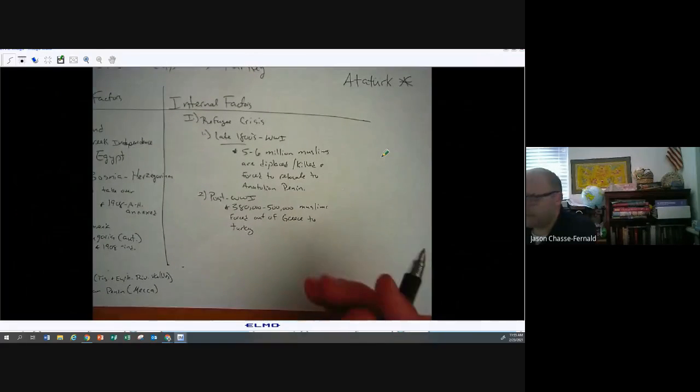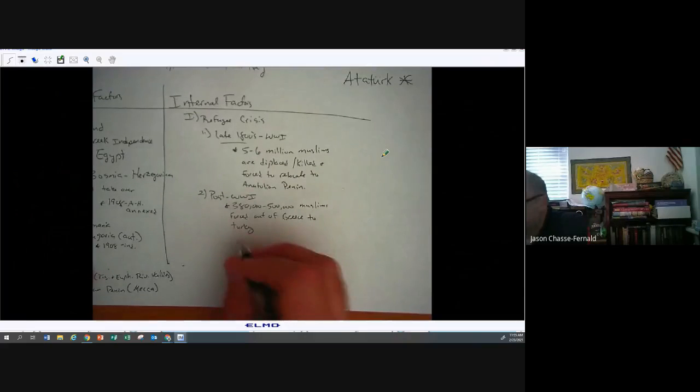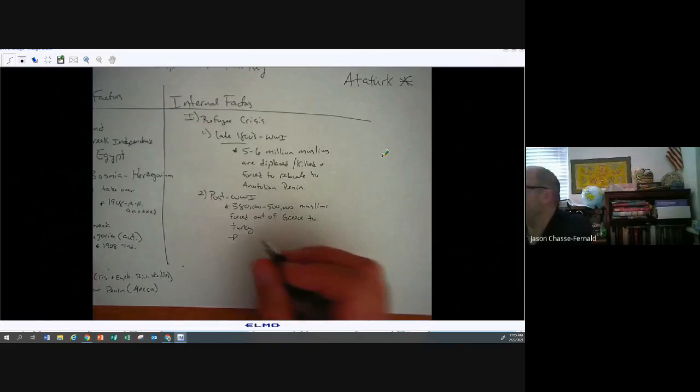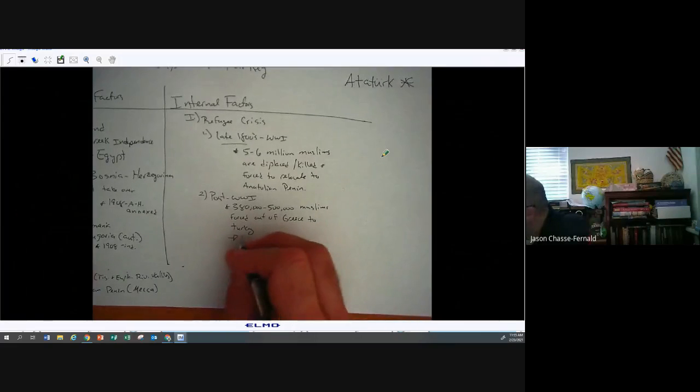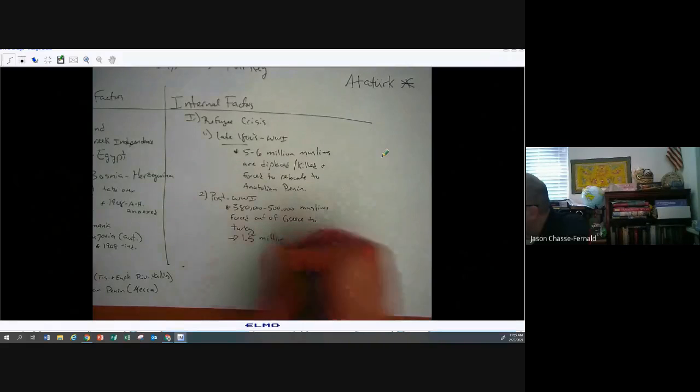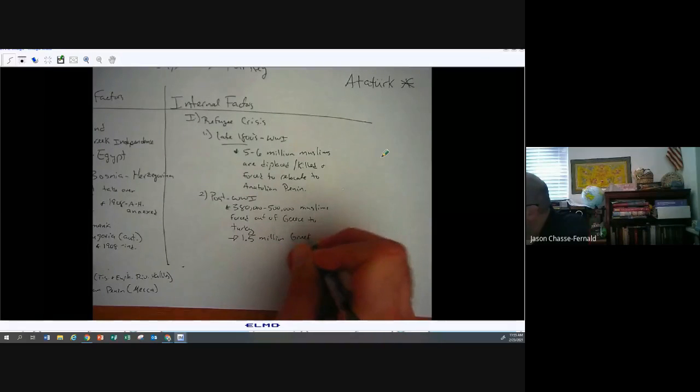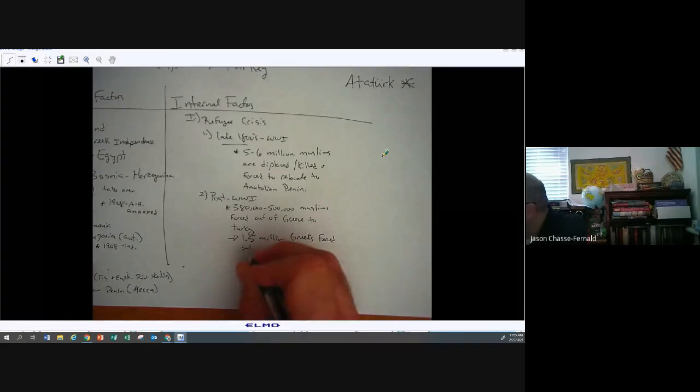So, somewhere in the neighborhood of 400,000-ish people are going to be forced out of Greece. Muslims are going to be forced out of Greece. There is reciprocation going on, though, in this situation. Somewhere in the neighborhood of 1.5 million Greeks are forced out of Turkey.